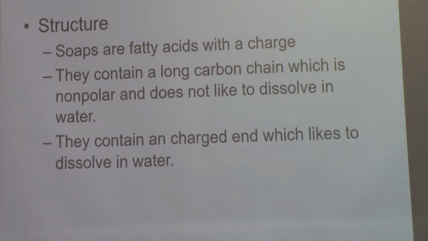The structure of soap will explain how it works, and it is very similar to what we're going to see in cell structure, protein structure, and DNA structure.